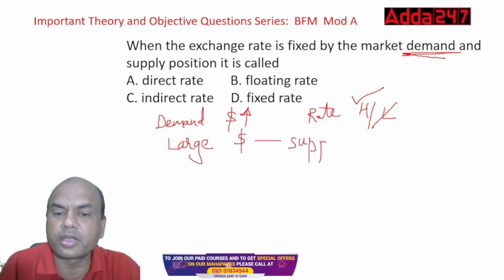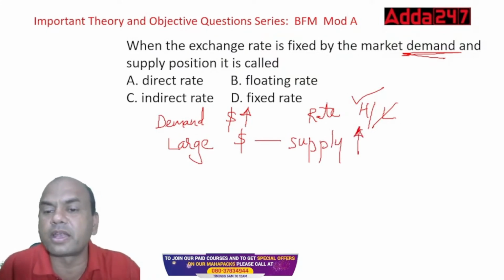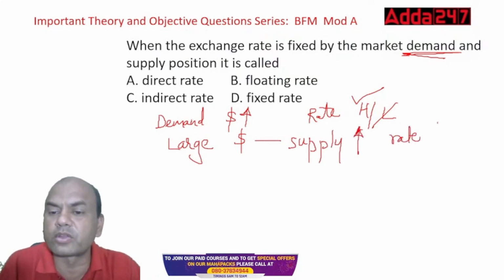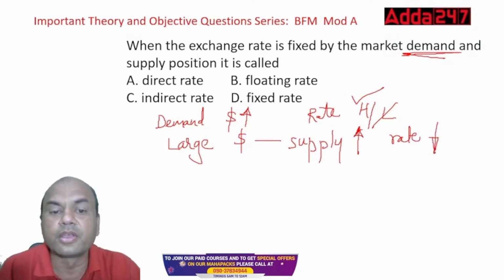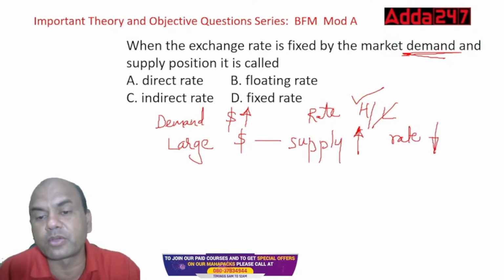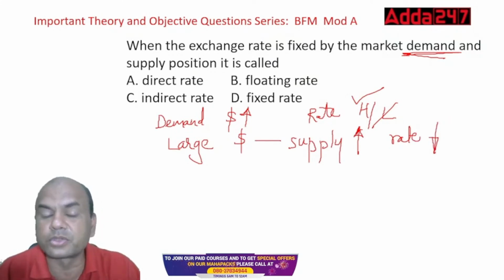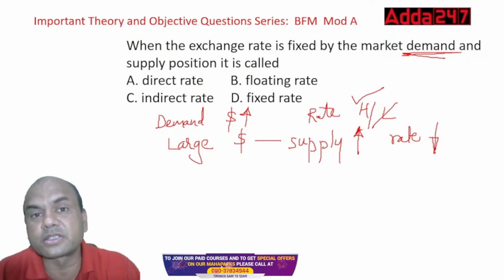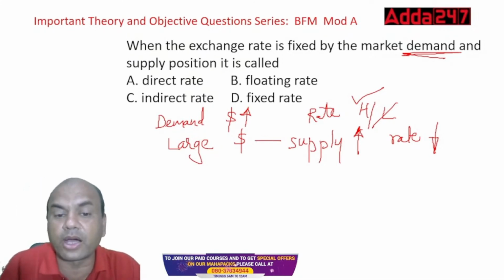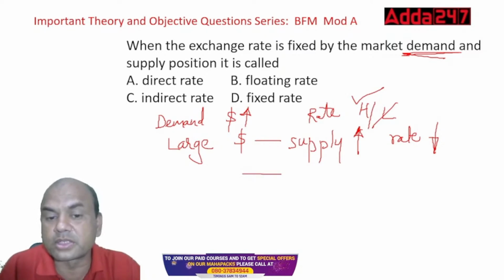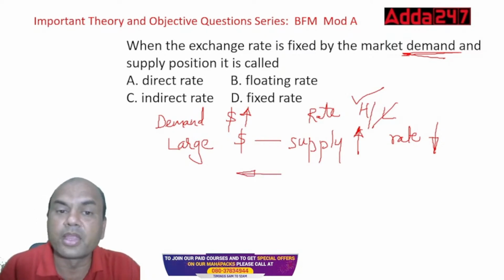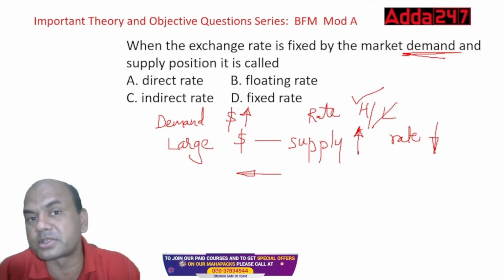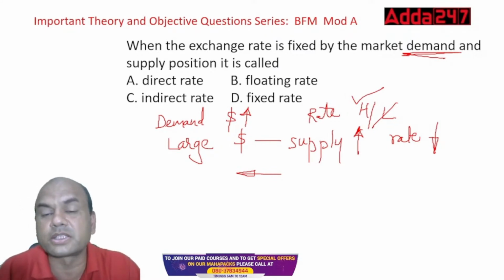If supply goes up, then what happens? The rate goes down. So the dollar rate will go down. So when large dollars come in, the supply of dollar goes up, and the rate goes down. And vice versa. If all the investors are moving out of the country, so dollars are moving out, then what happens? There is less supply of dollars in this country.